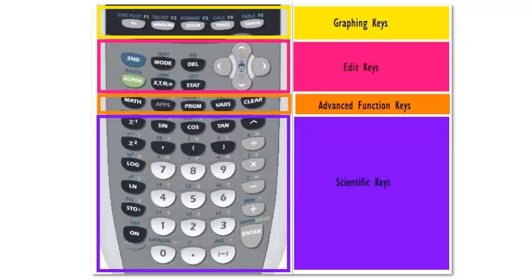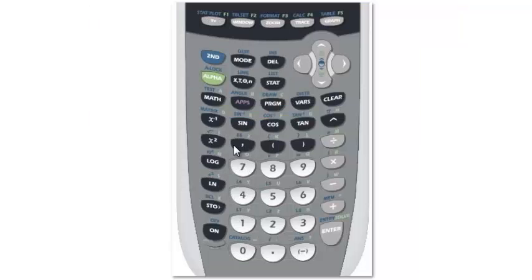Now, all of the keys are basically in the same kind of tone, except for the blue and the green key. So even though this graphing calculator has more keys than a regular scientific calculator, it actually doesn't have enough keys. So we can see that each key actually has 3 different purposes. If I pick this LN key here, the first purpose is if I just push the key as is, that would pull up LN for natural log.